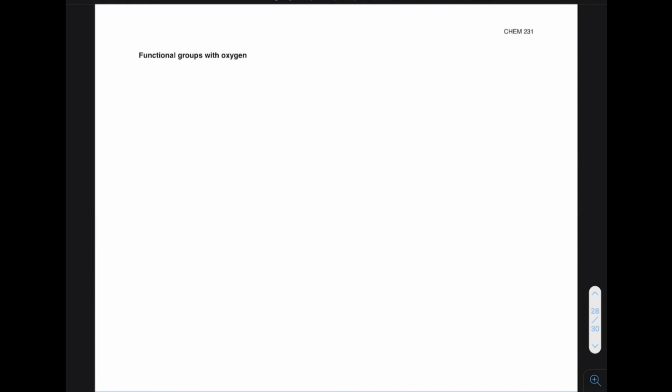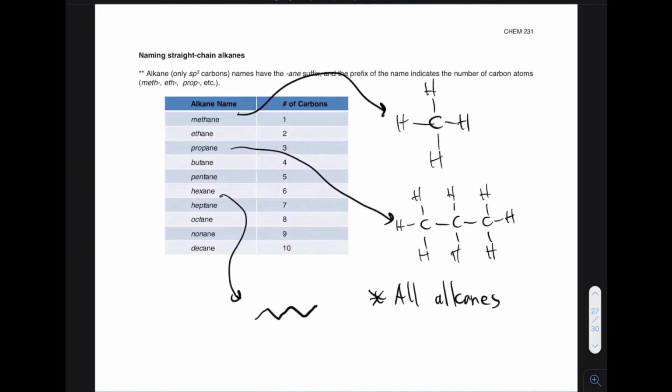So next, let's talk about functional groups with oxygens. There are a lot of different molecules that contain oxygen, so we'll talk about the major ones for now. Let's start with probably the one that comes to your mind first: alcohol.